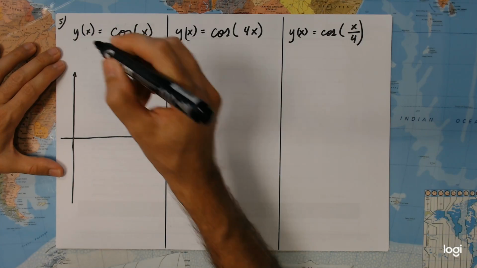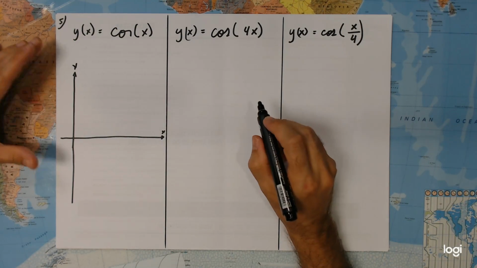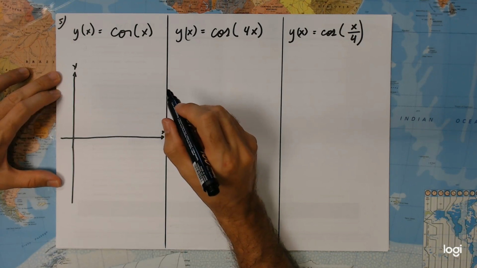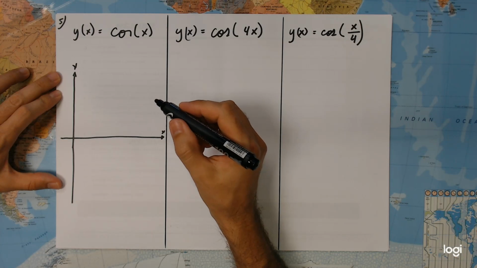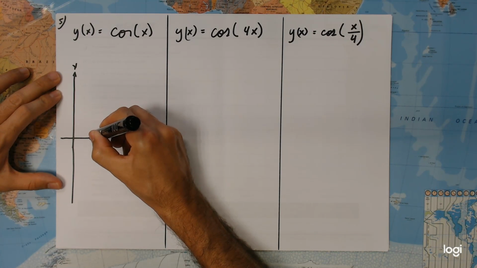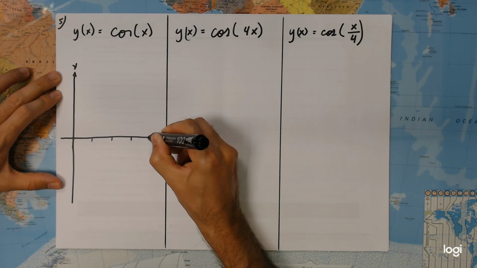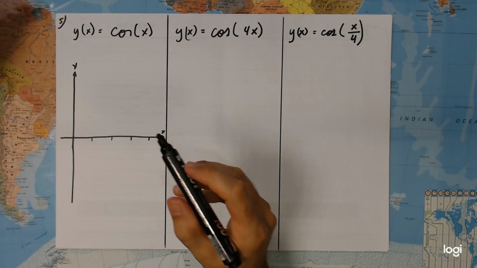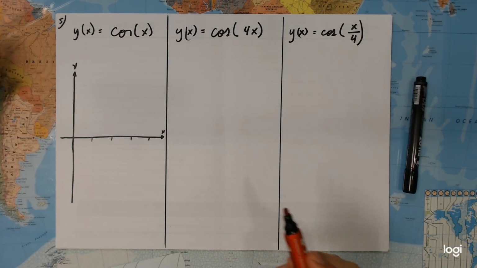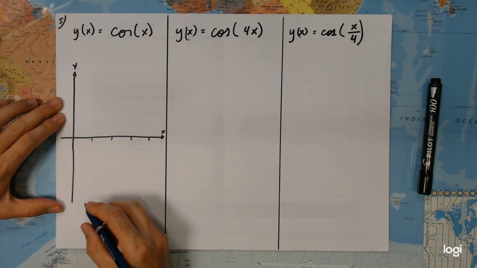This is x, this is y, and now let's put, it's going to be something like this. 1, 2, 3, 4. We know the cosine. First thing, what is the cosine of 0?